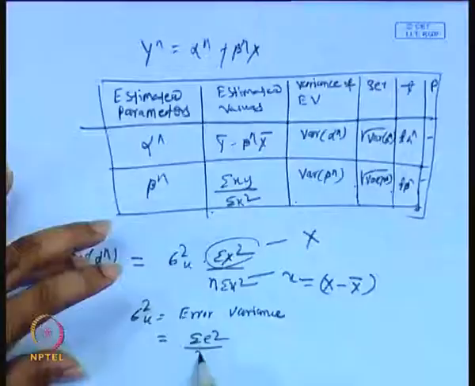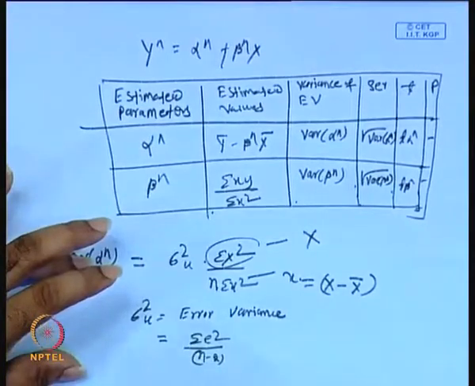So, now once you have the error series starting from e 1 to e n, provided the system has n observations, then you have to calculate the error variance. This error variance is called sigma square u. Sometimes we represent this error variance as summation e square by n minus 2.